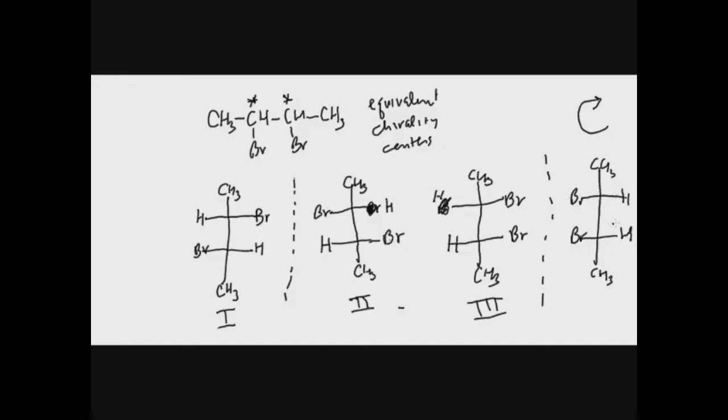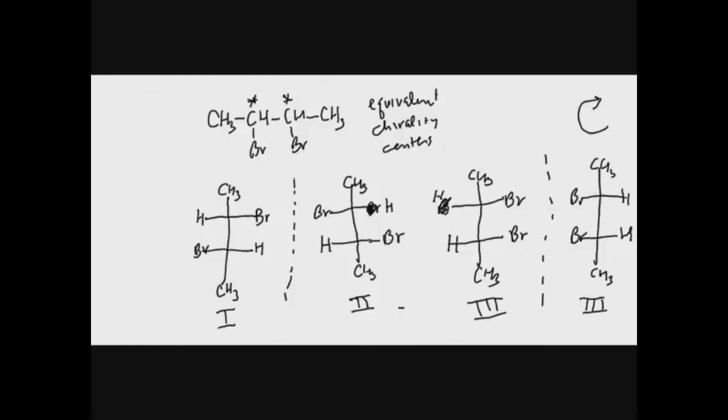So this mirror image is just Roman numeral 3 redrawn. It's not a fourth stereoisomer. Now we have it. There are only 3 stereoisomers for our starting structural formula, the one that has 2 equivalent chirality centers. We have a pair of enantiomers, number 1 and number 2, and then we have a third stereoisomer that we label number 3.